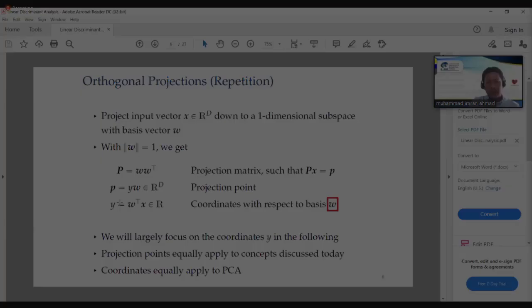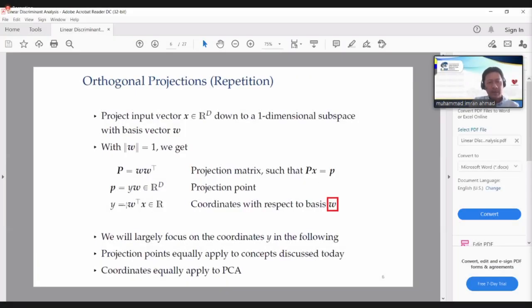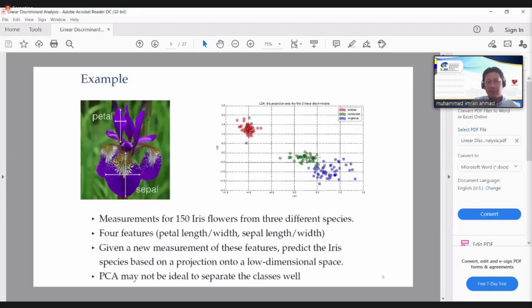You need to calculate the basis vector W, and then this is your original feature. If we take a look at this, that means this X is a 4 dimension vector. We project to basis vector W or eigenvector W, and then Y is your low dimensional feature space, given by this.